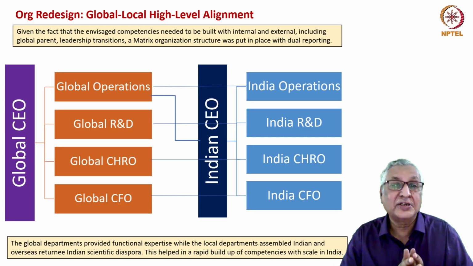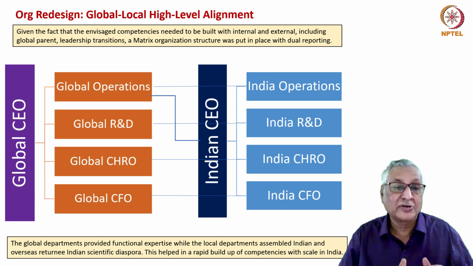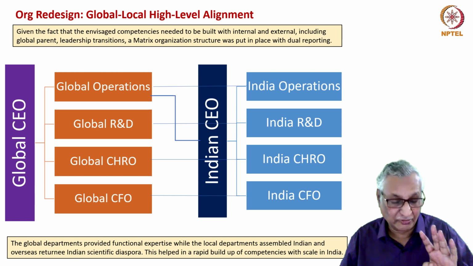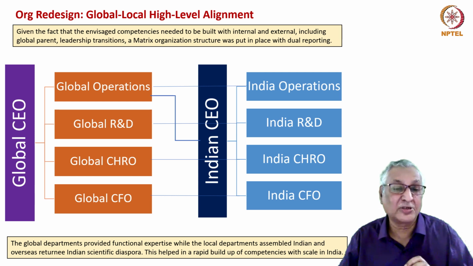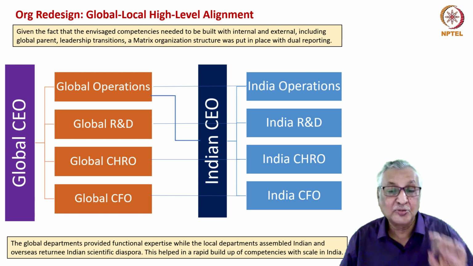The organization redesign involved having a good balance of global and local with a high level of alignment. The way it was done was through a matrix organization. There is a global CEO, Mike Ball, for the Hospira Global Corporation, and four verticals can be thought about for this particular discussion: global operations, global R&D, global human resources, and global finance.